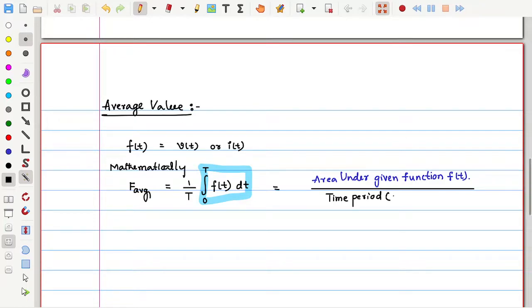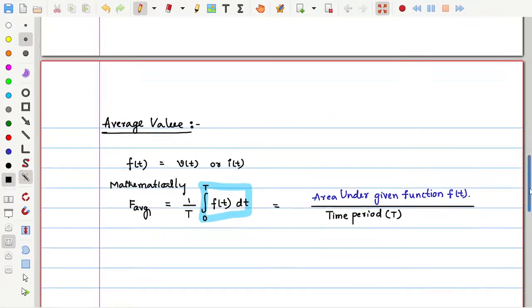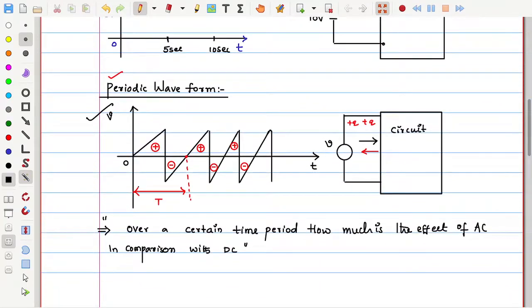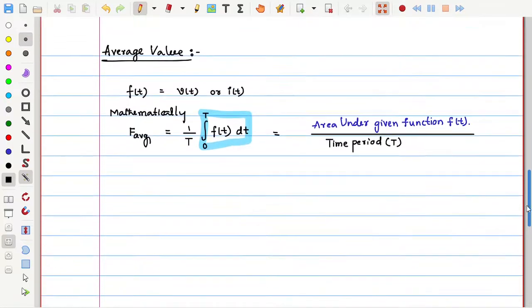Just look at the above waveform: here is the time period, meaning this function v is spread over this duration of time. So mathematically, we can write the average value as the integral of the function divided by the time period. Observe that the integration limit duration and the division duration are the same.